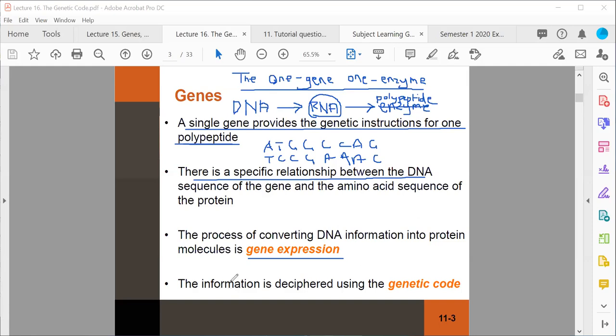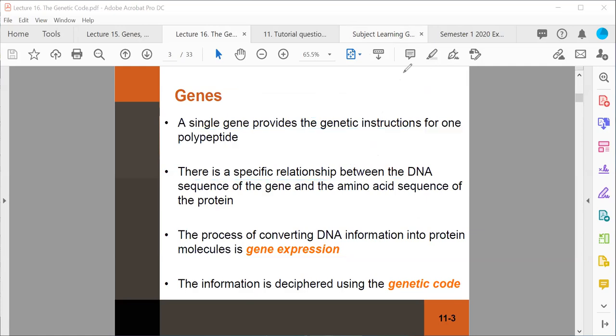And that code that's held within the DNA and the RNA, that particular code or that information is deciphered using what's called the genetic code. And we'll come back to that genetic code in this lecture. So let me clear all that.